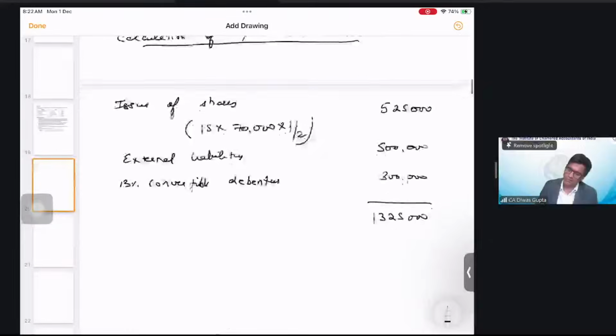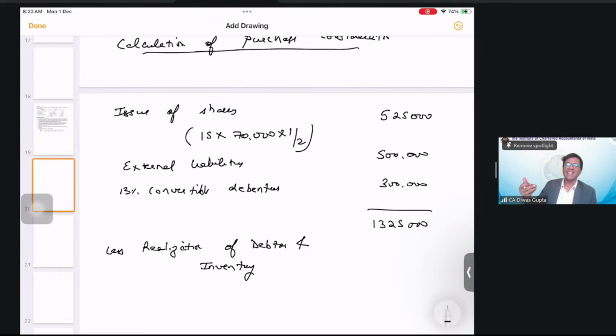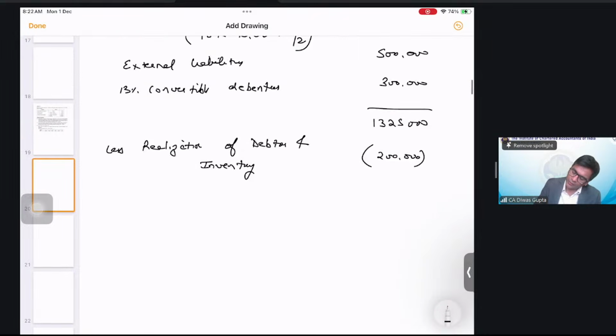Okay, sir. Then we will reduce the realization of debtors and inventory, because while purchasing the business, I will be selling the debtors, selling the inventory and realizing the debtors at the rate of 2 lakh rupees. So this will be my cash inflow, right?